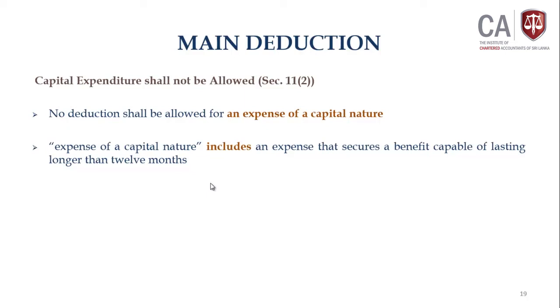If the expense results in an enduring benefit to the business, then that expense becomes a capital nature expense, you can't claim it for tax. Okay? It's a very important rule. It's a very popular definition, this. That has been done as an inclusive definition. Okay?